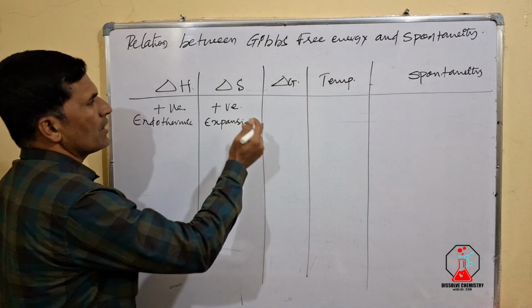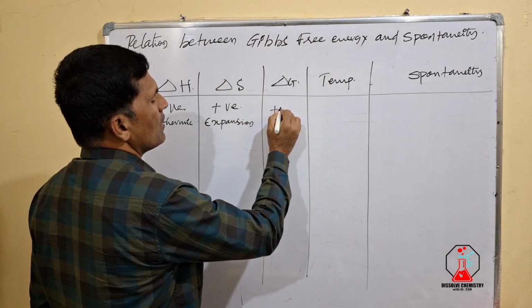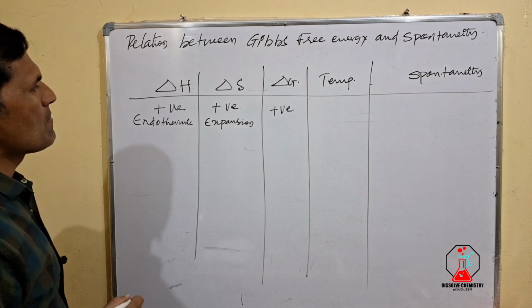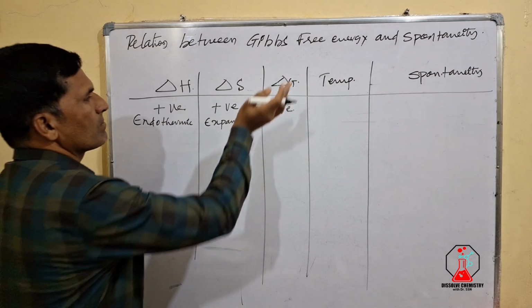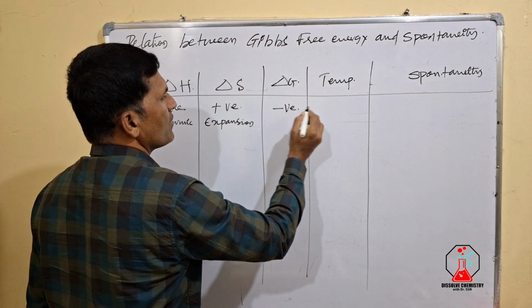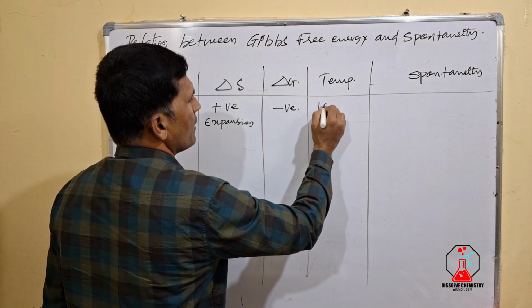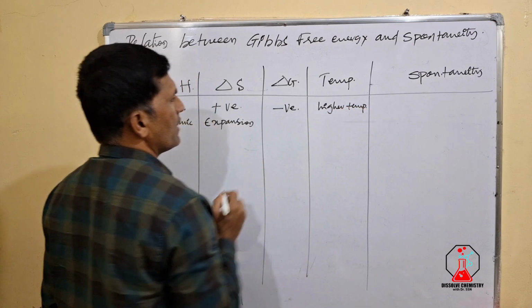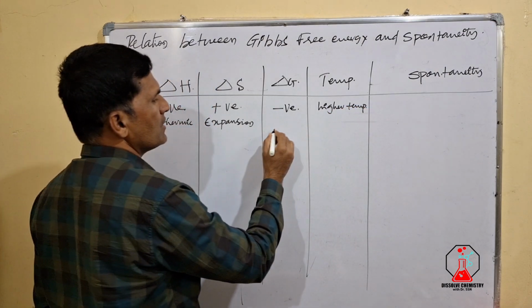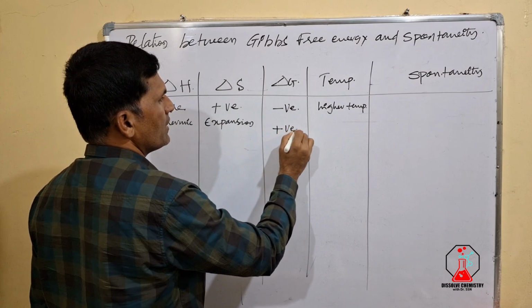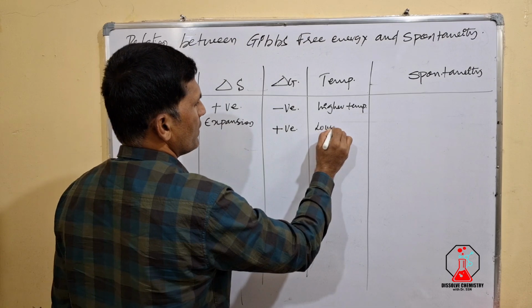Then delta G will be negative at higher temperature, and delta G will be positive at lower temperature.